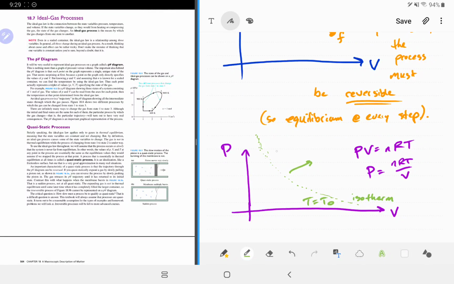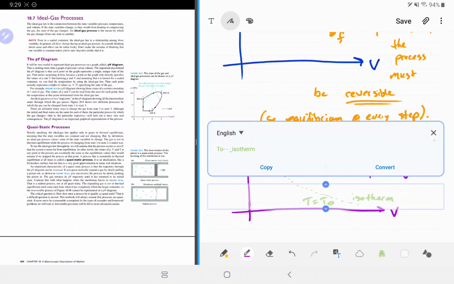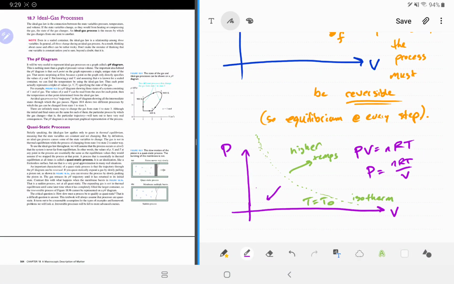So if I start at a point on this isotherm and then I go in this direction, this is a higher temperature. And on this side, you have lower temperatures compared to any point on here. Notice how, if I start here and I go down, that's lower temperature. If I start at a point and move to the right, that's higher temperature.